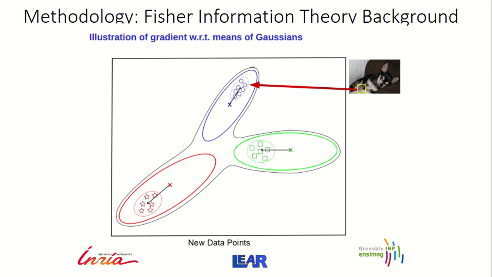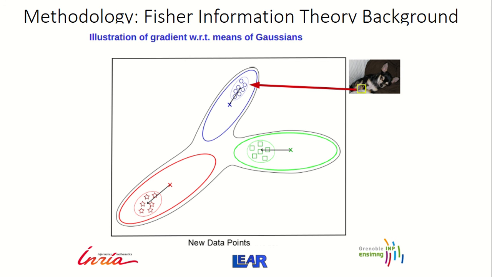When you calculate the derivative with respect to parameters, let's say we consider just the means of the cluster centers or Gaussians. This means that if we change the position of the means, then how the relative position of this new data point changes with respect to the means. So it is capturing the relative position with respect to all of the means.